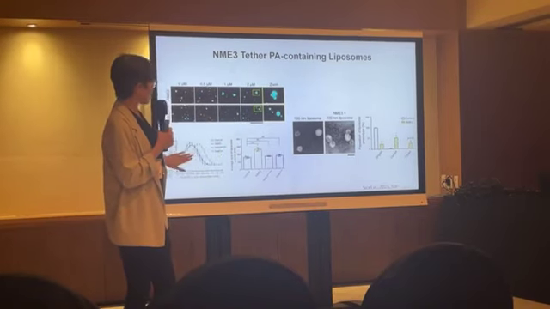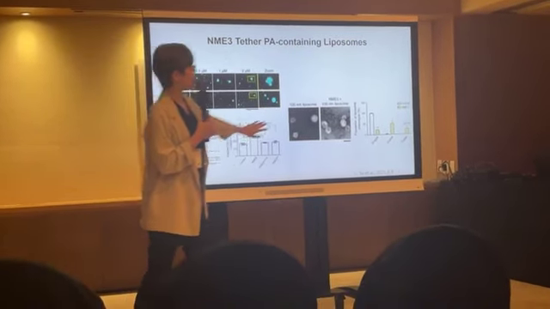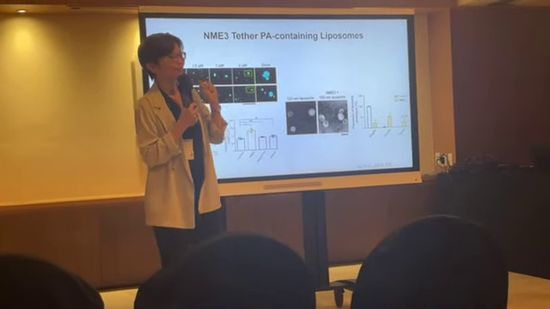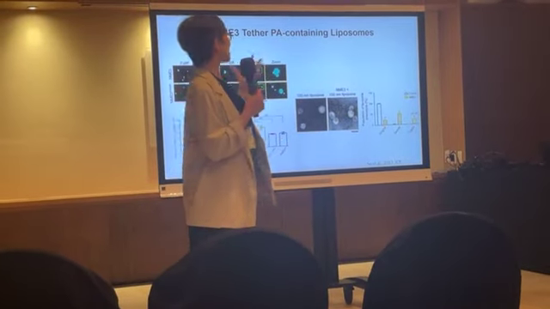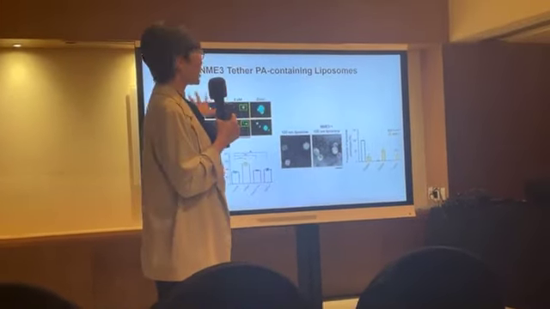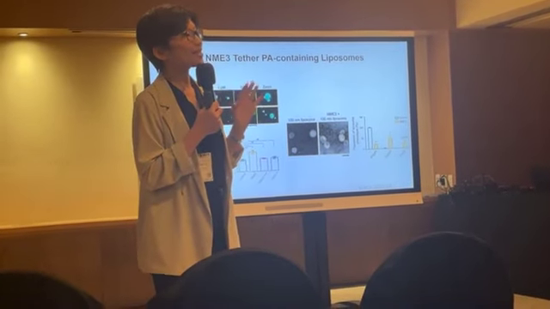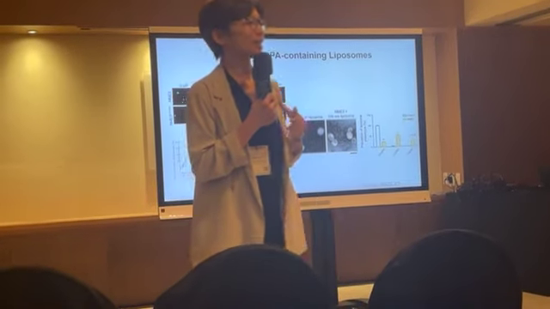Here we actually produce small and uniform liposomes, and therefore only tethering happens, not fusion. For your question, we don't think that NME3 will promote fusion in this context without mitofusin. NME3 by itself just functions as a tethering factor, not a fusion factor.